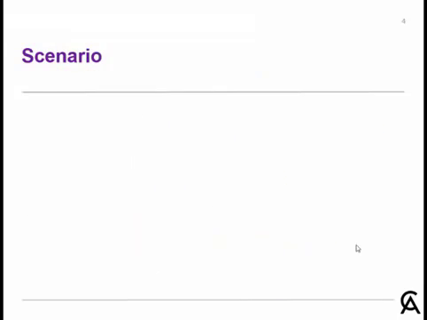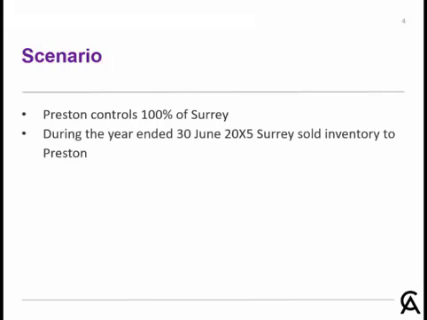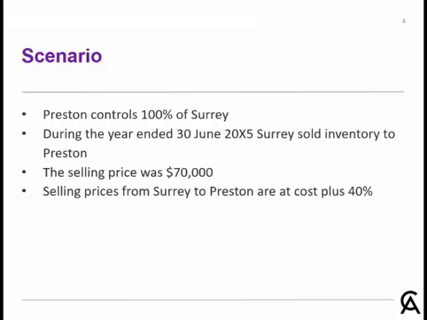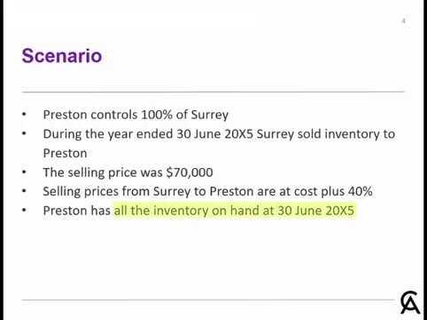Let's have a look at an example and I'll take you through some entries. So I've got a parent that controls 100% of Surrey, so that's Preston in charge. During the year ended 30 June X5, Surrey, the sub, sold inventory to Preston. The selling price was $70,000 and the selling prices from Surrey to Preston are based on cost plus 40%.